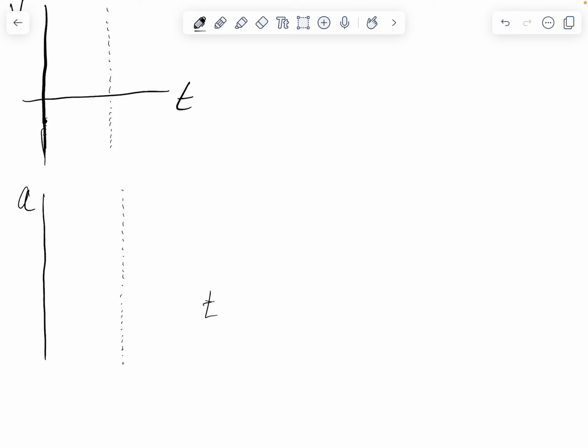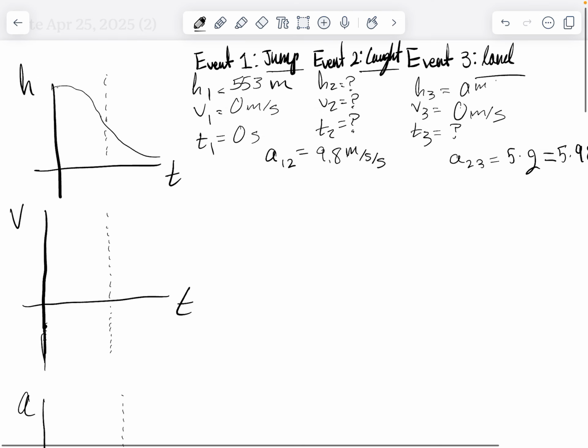For velocity, they're falling at negative 9.8 meters per second at a constant rate.